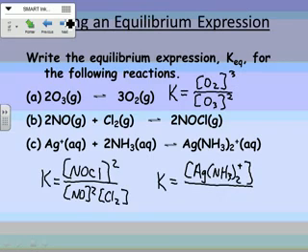That's a complex ion. Divided by Ag plus times NH3 squared. Okay? So there's all our equilibrium constants for these reactions.